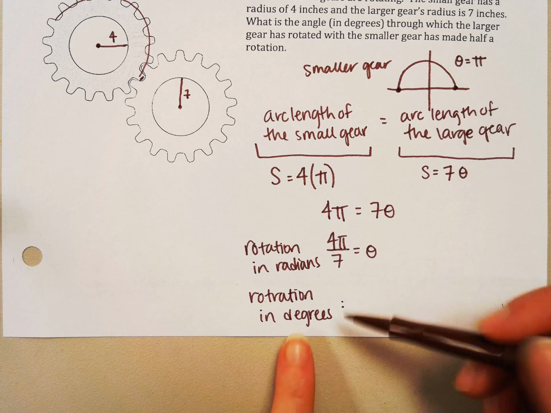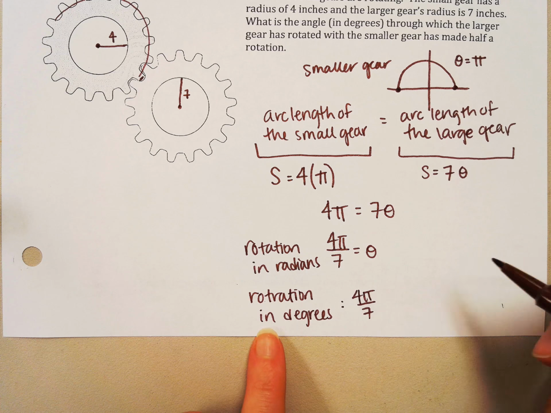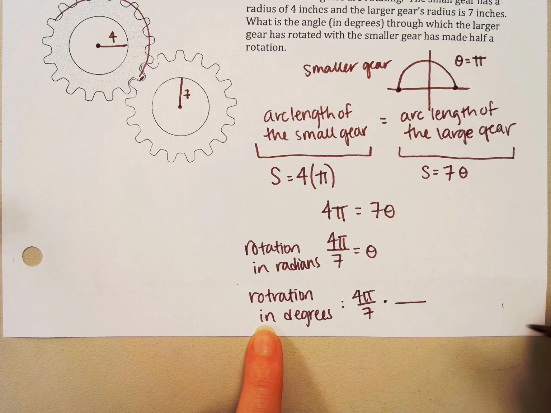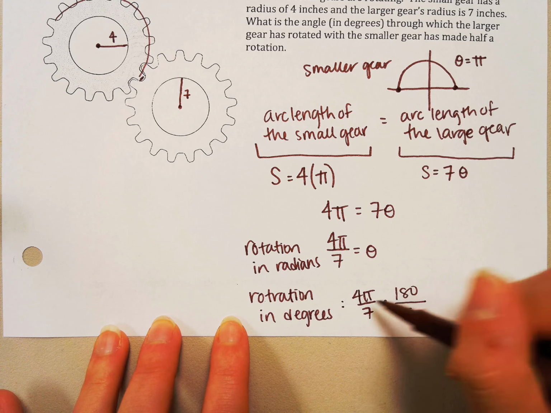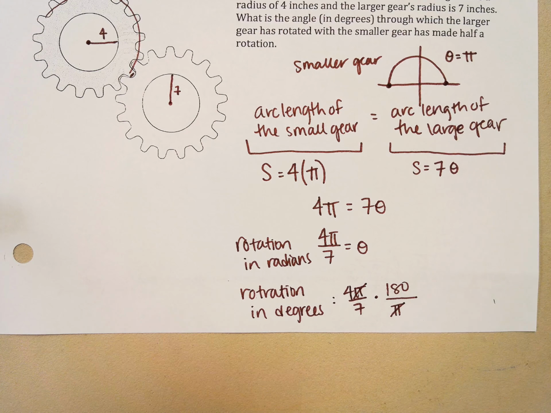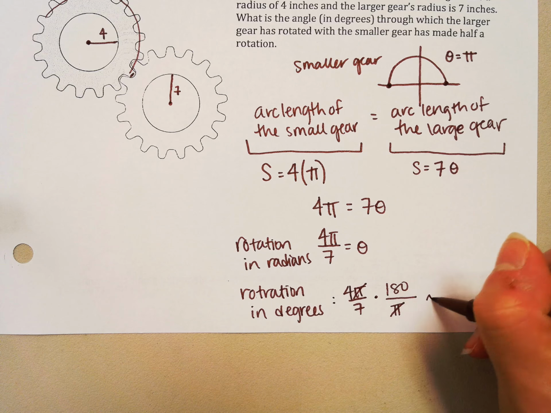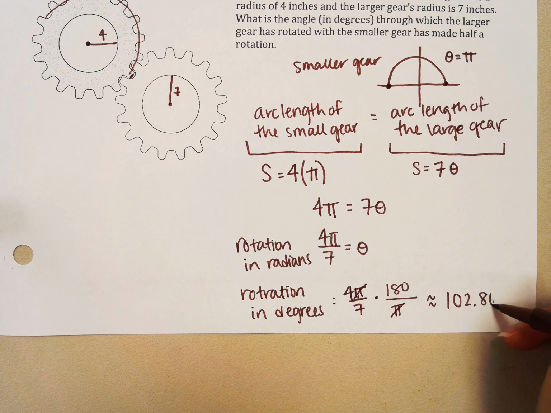So we're going to convert this, long story short, to degrees, which we found out yesterday. We multiply by 180 over pi so that our pi's cancel. And I'm just going to find a decimal approximation for that. So 4/7 times 180 gives me approximately 102.86 degrees.